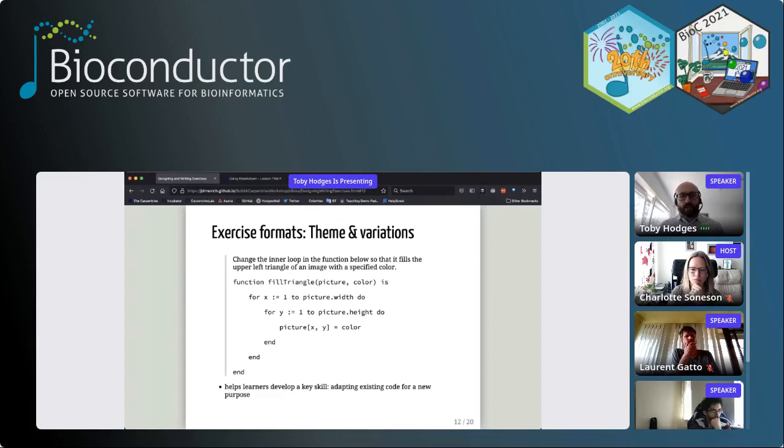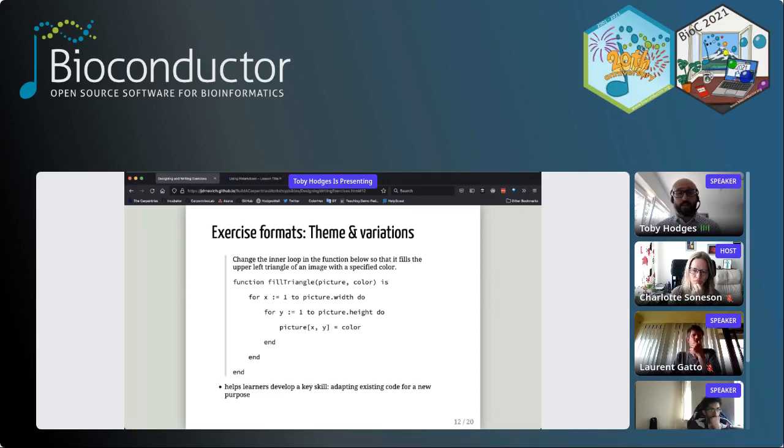Another one kind of similar to this is the theme and variations format, where you provide some pre-written code again, but in this case you're asking them to adapt, to modify that pre-existing code to change the behavior slightly. So in this case, we're asking them to change the inner loop of the function so that it fills an upper left triangle with a particular color, instead of filling the entire triangle.